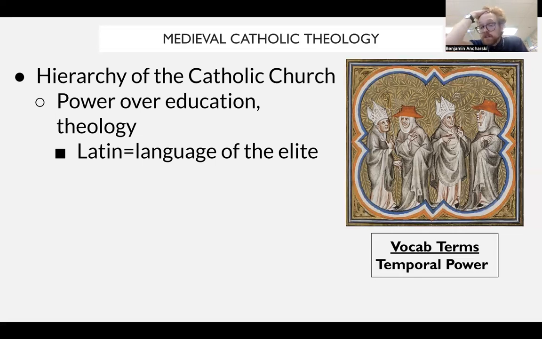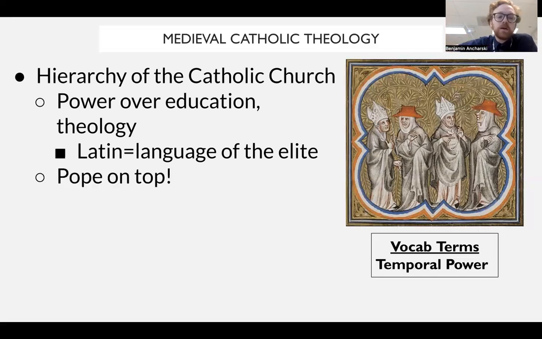So the Catholic Church essentially is monopolizing its spiritual power by controlling the language in which things like the Bible are written. So Latin is largely reserved for the upper elites, for the people who are supposed to deliver Catholic teachings to the common population, so the clergy or the priests, essentially.